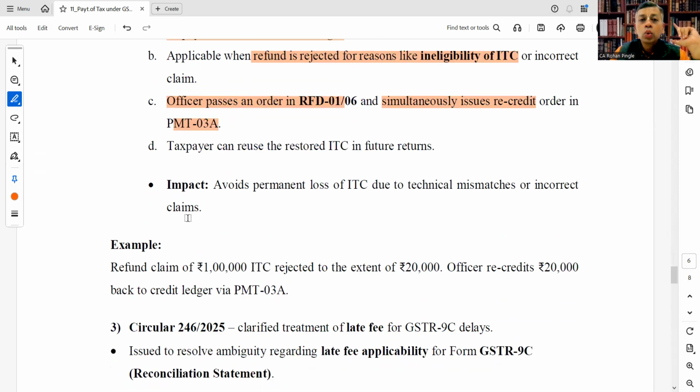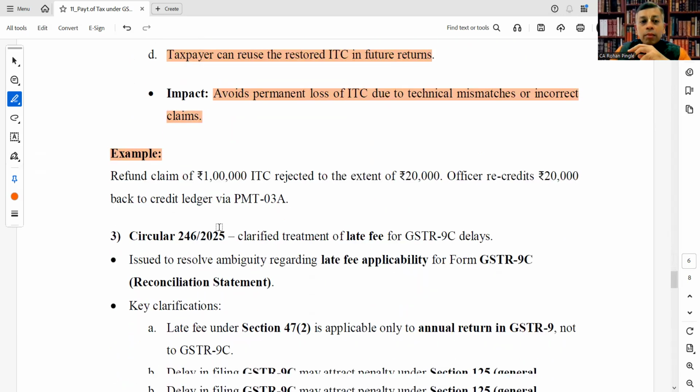The taxpayer can restore ITC in future returns. The impact was that it avoids permanent loss of ITC due to technical mismatches or incorrect claims. Very relevant. Whenever a refund gets rejected, you can use that ITC by using this procedure.